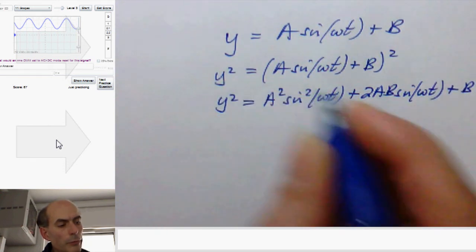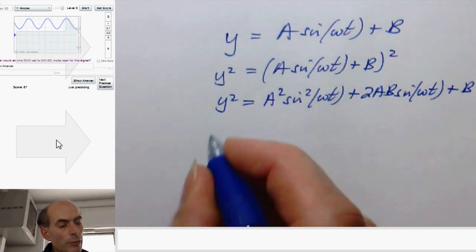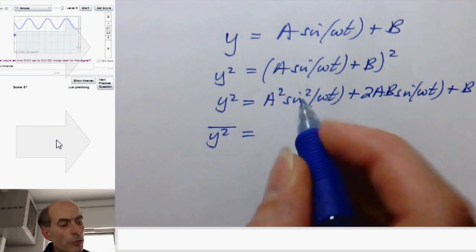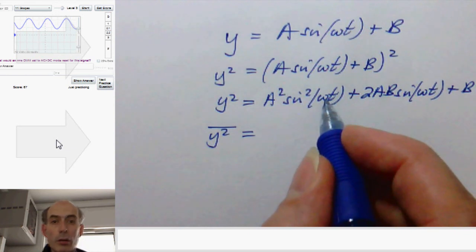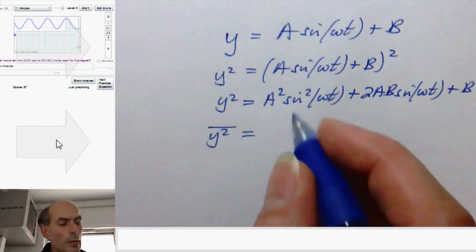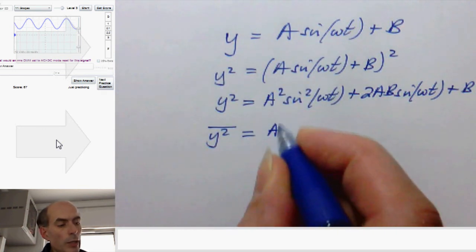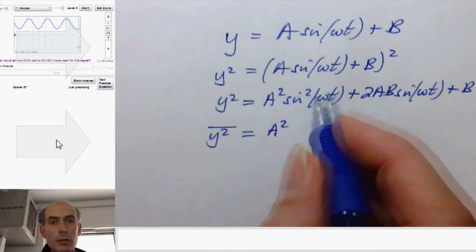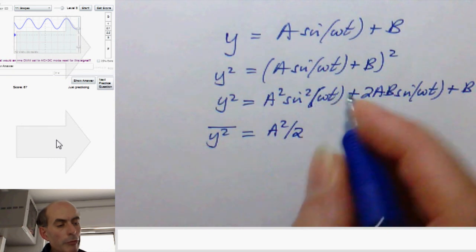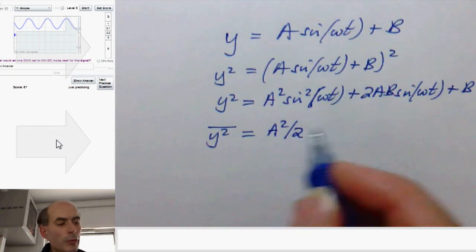And then taking the average of this, well, the average of the sine squared is a half. That's why the RMS is the 0 to peak amplitude divided by root 2. So the average value of this first term here is just a squared over 2. It's quite useful to know that the average value of sine squared is a half.